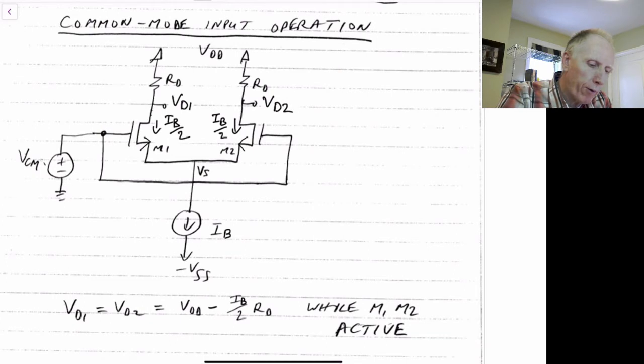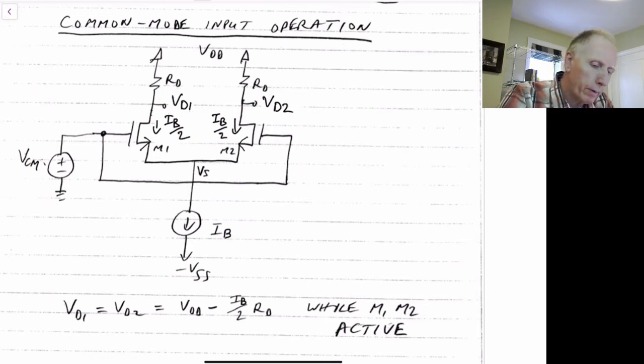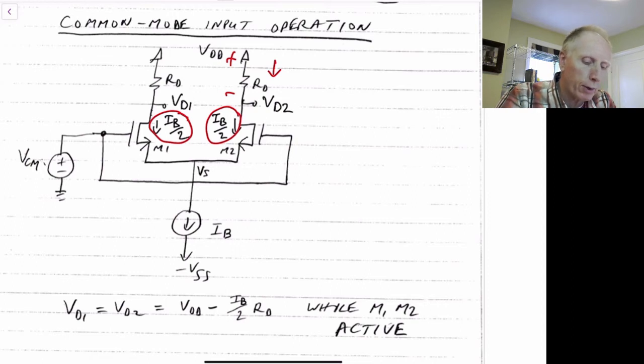What we can do is first find the DC bias for VD1 and VD2. What we see first off is that due to symmetry they're going to be equal, so VD1 equals VD2. And they're going to be the power supply voltage minus the voltage across this resistor. The voltage across that resistor will be IB over 2 times RD, since IB over 2 will flow in this transistor and IB over 2 will flow in this transistor, since the two gates are the same voltage.